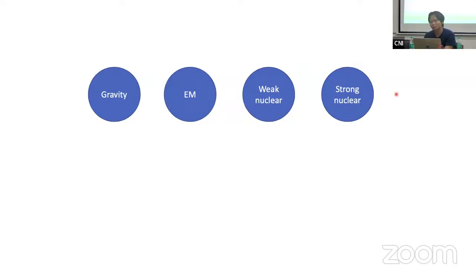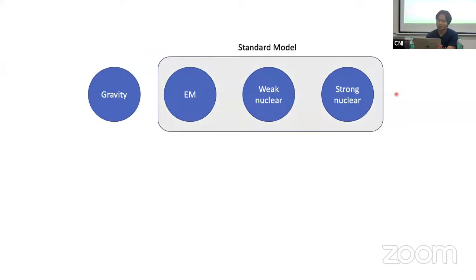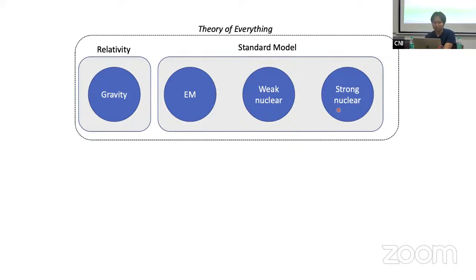And then we have two amazing theories, the Standard Model and General Relativity, that describe these different forces. But a theory that unites these two models into a single model that describes all four forces has been elusive for the last century.